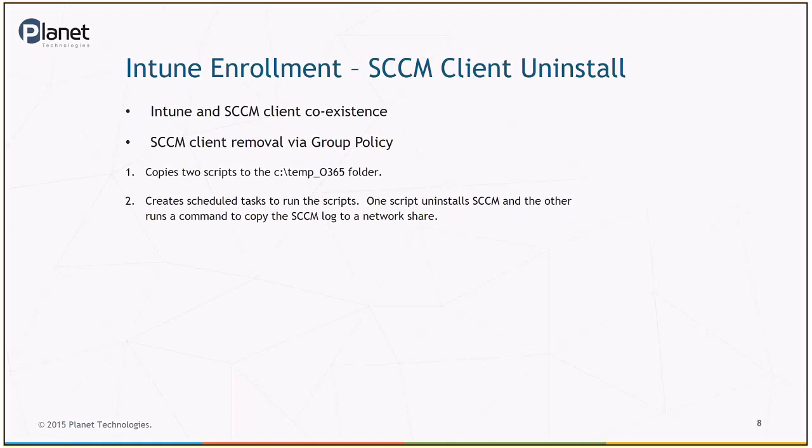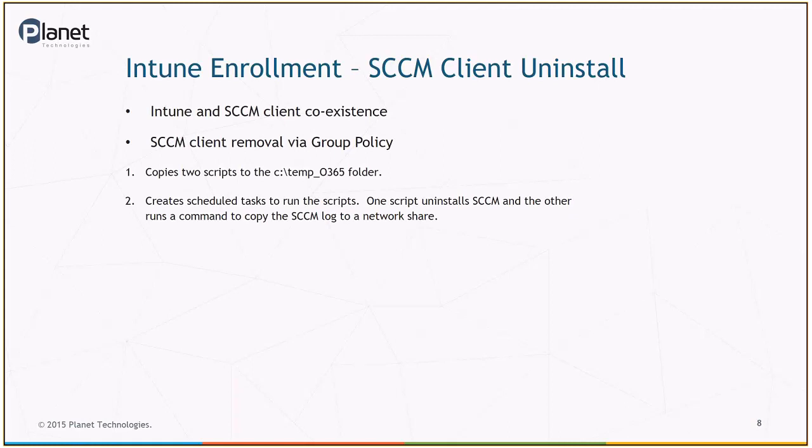And so there's a CR created for this as well. If you're in that position where you need to uninstall the SCCM client, if you're going that route as well, then you can use the CR as a model. What we did was it basically copies 2 scripts to this folder on the C drive, and we created a scheduled task that runs the scripts.